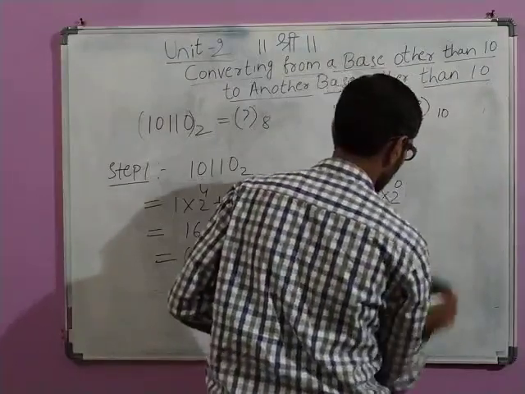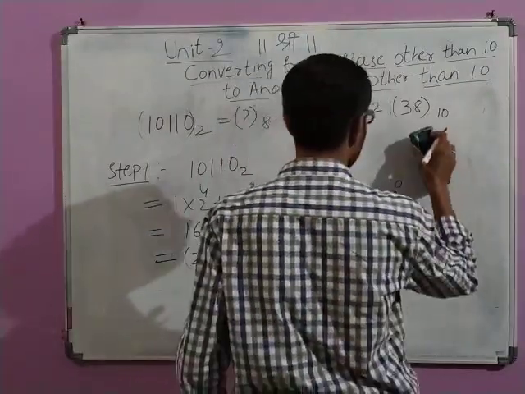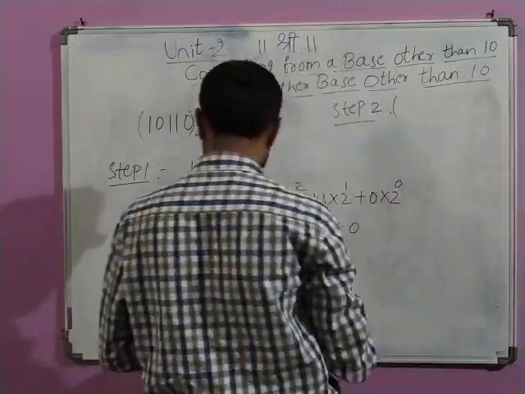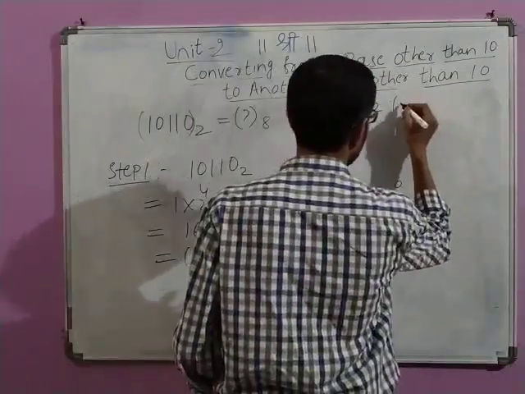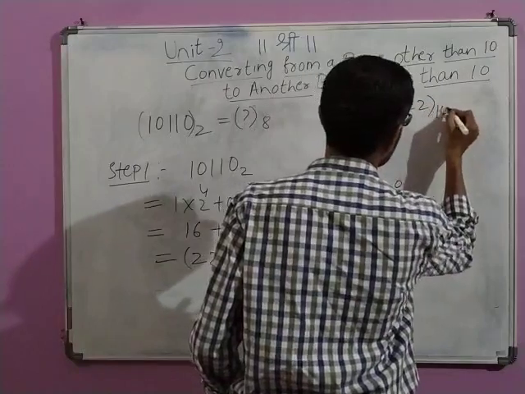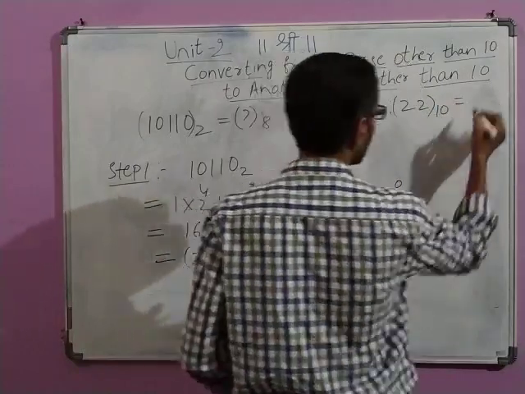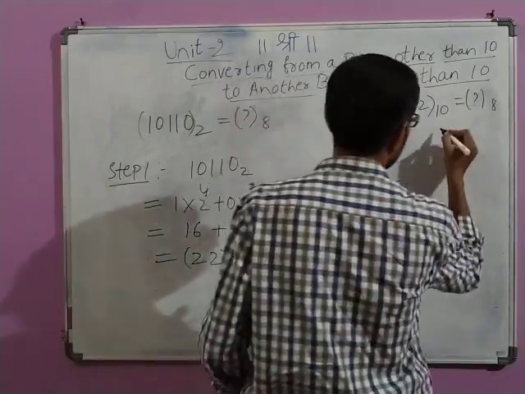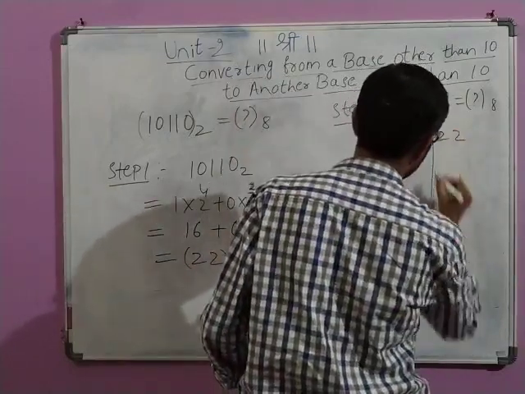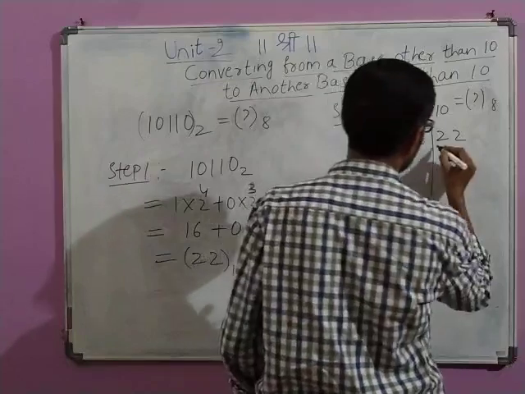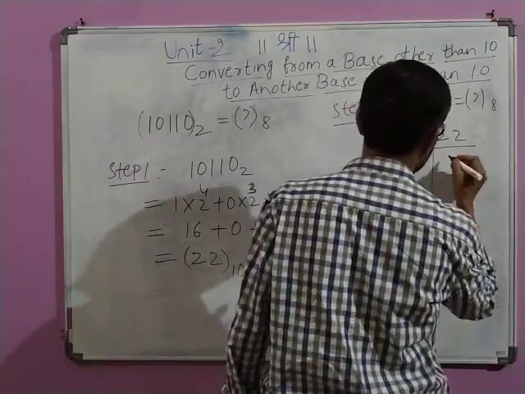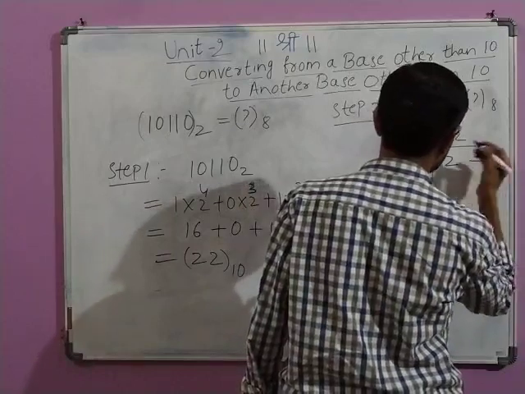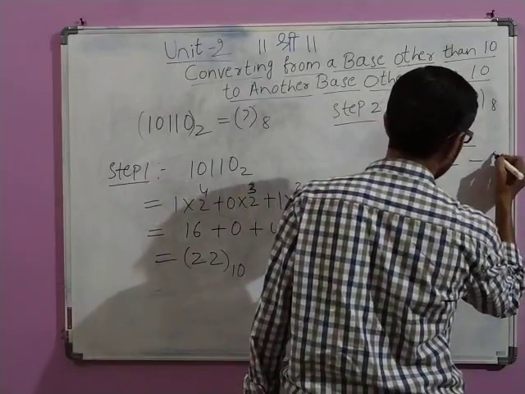So now this is 22 to the base 10, and you need to convert it into octal. So 22, go on dividing it by 8. 8 2s are 16, so the remainder will be 6.